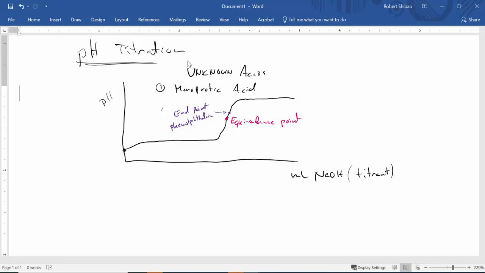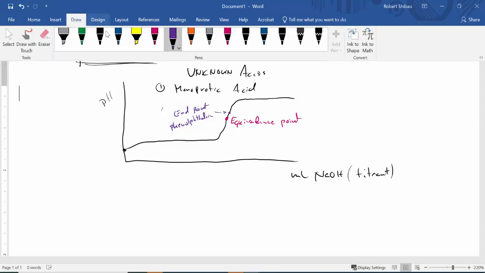But this is what we call a systematic error. All our titrations are going to have this systematic error. It's just going to be a little bit off. But if it's systematic, we do a standardization calibration first, and then those are all going to be off.